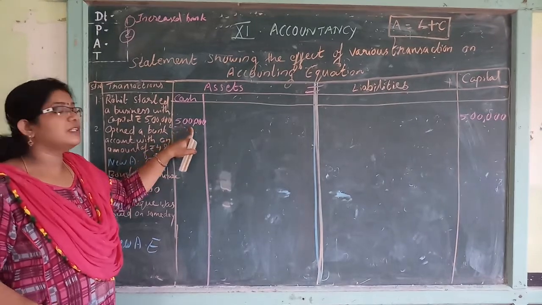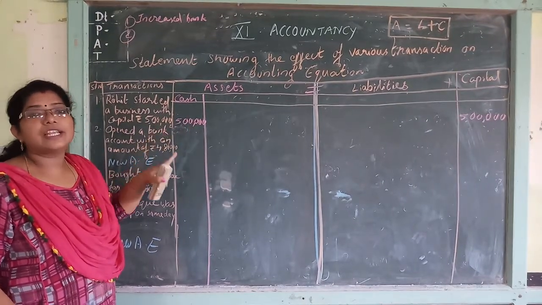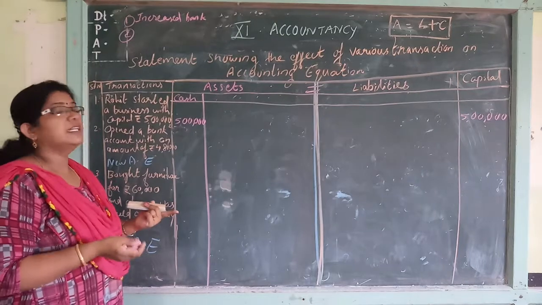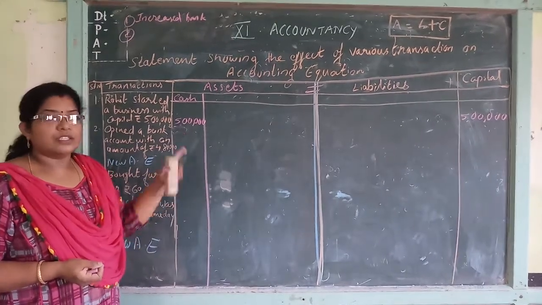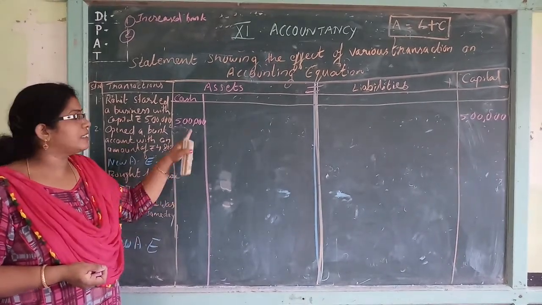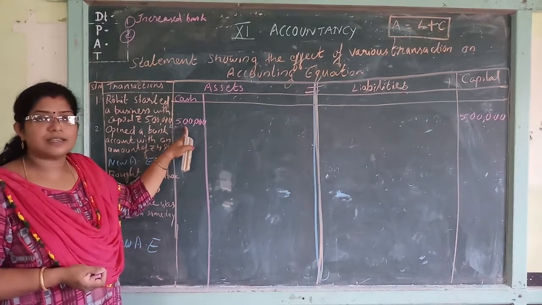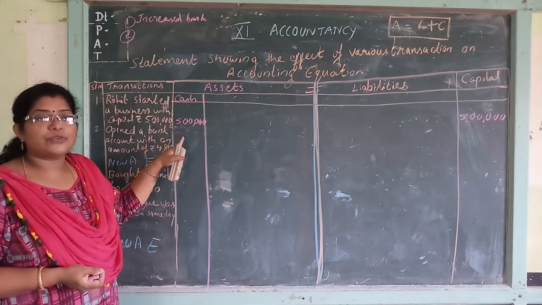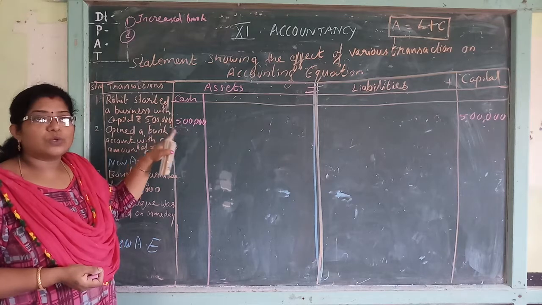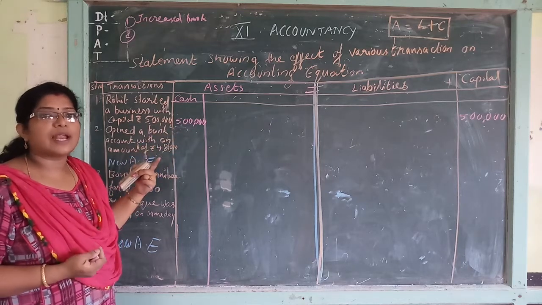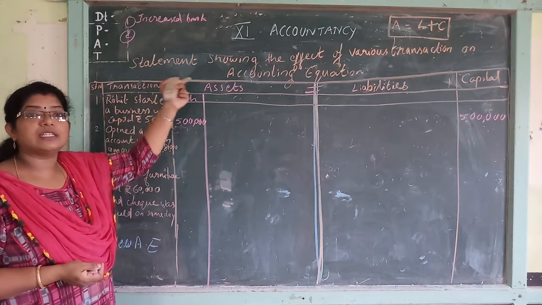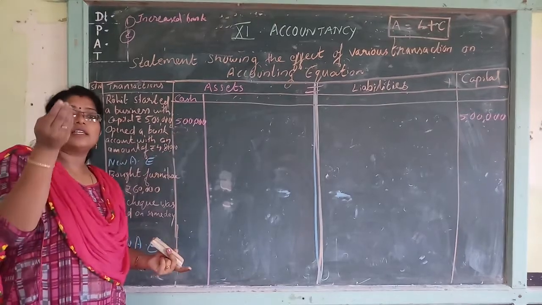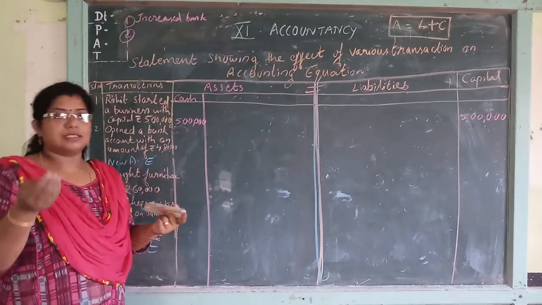So one asset is increased and another asset is decreased.